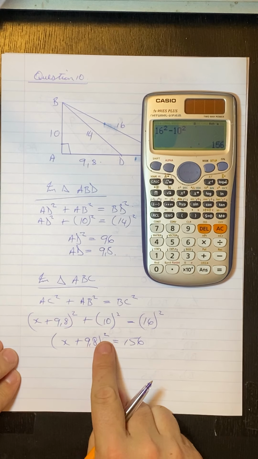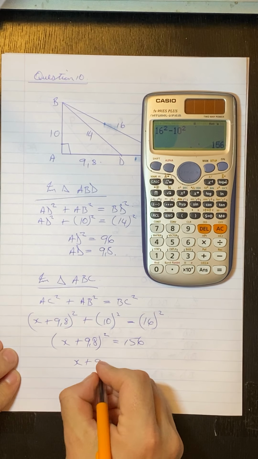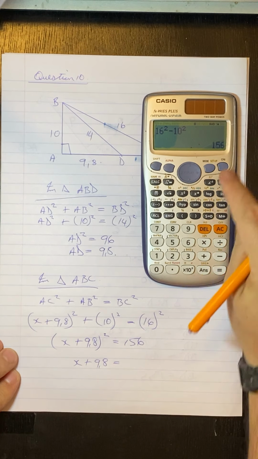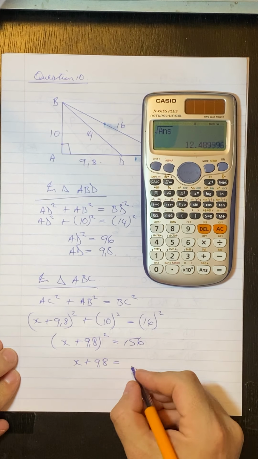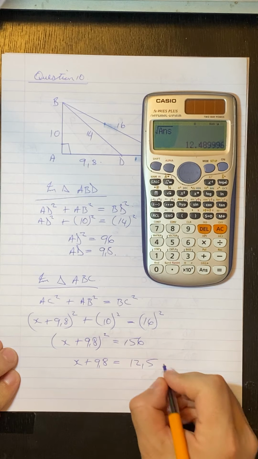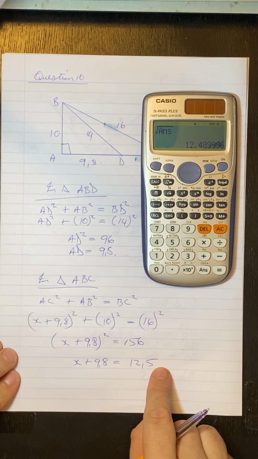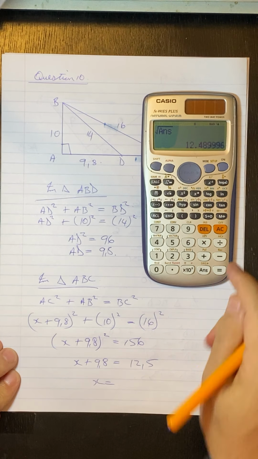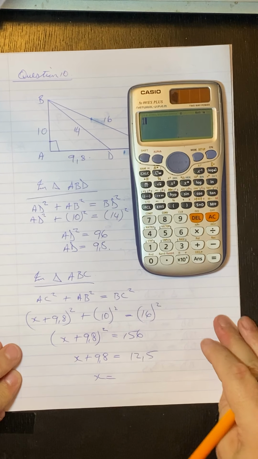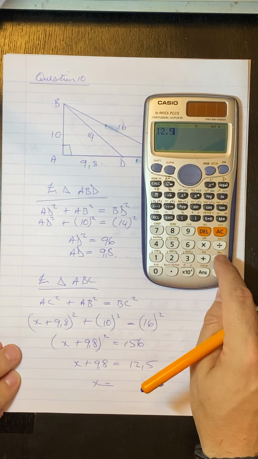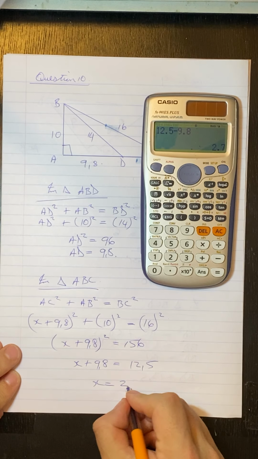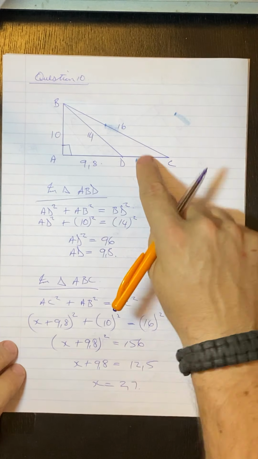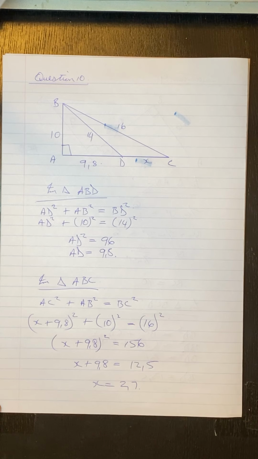Take the square root to get rid of that, and we get x plus 9.8 equals, so I must take the square root of this one to one decimal place, 12.5. Just take the 9.8 to the other side, so it becomes a minus, and we get 12.5 minus 9.8. And we get x is equal to 2.7. And that's what they wanted, grade 10s, so not too bad.